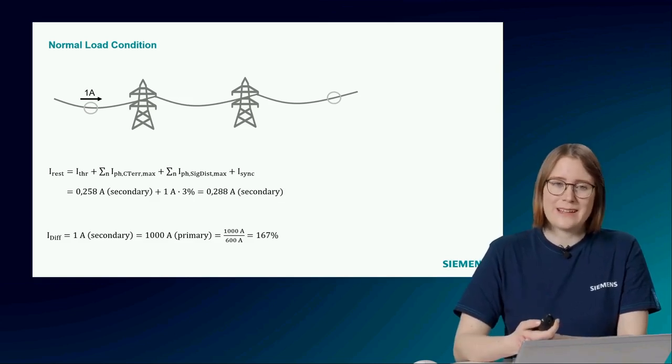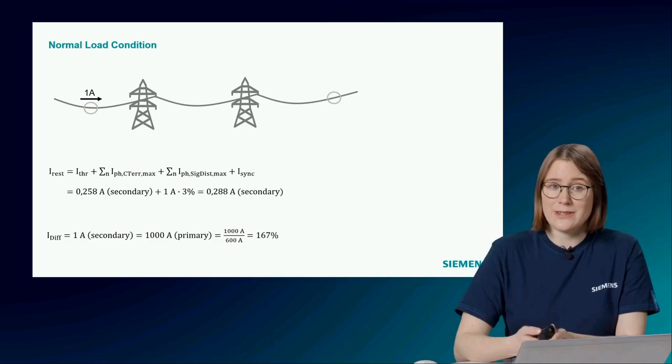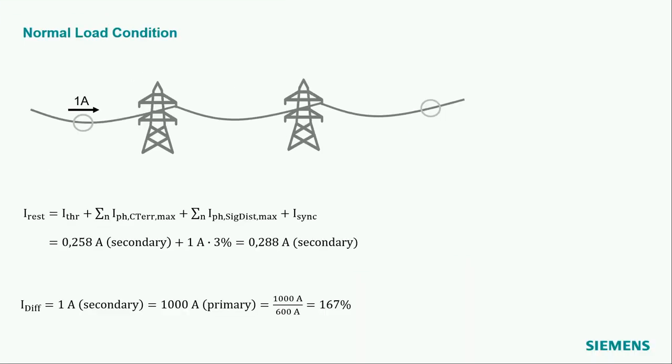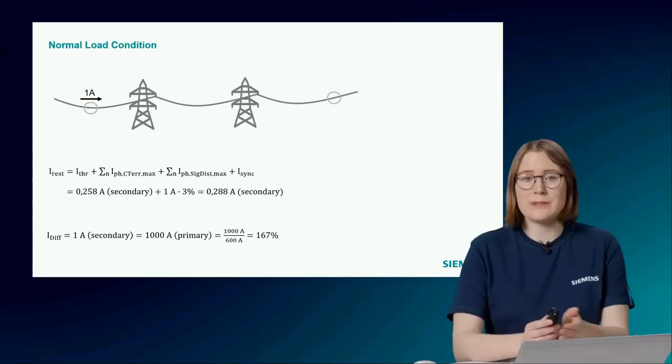How big is the restraint current? Here, again, nothing changed for the threshold. So the threshold value is 0.258 amp secondary. We are injecting 1 amp. That means we need to calculate with CT error A, so the value of 3%. But this time, important, we only inject this to one of the CTs, not to both. So here we don't need this factor 2. So we simply have 1 amp multiplied by 3%.